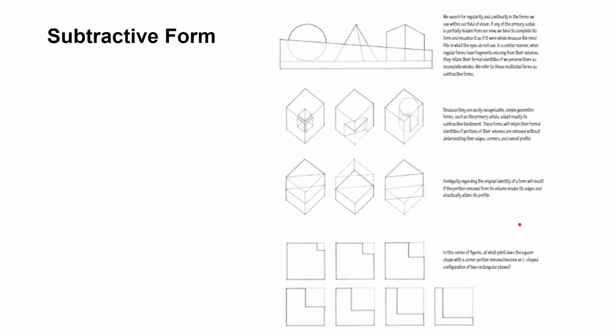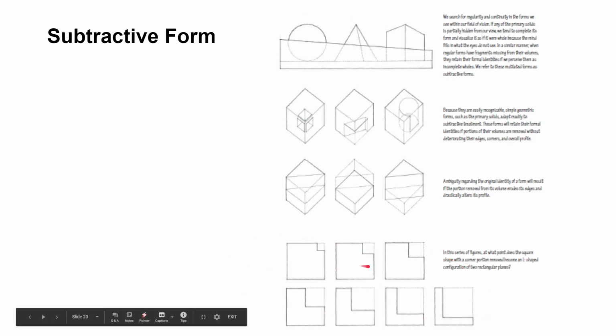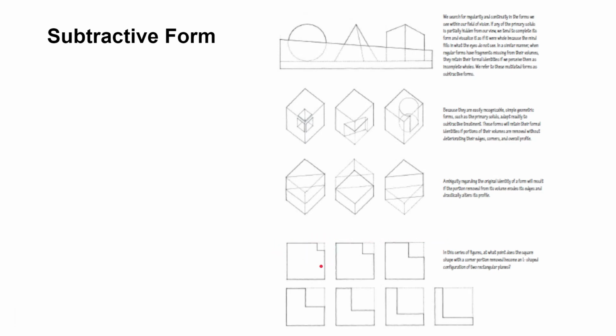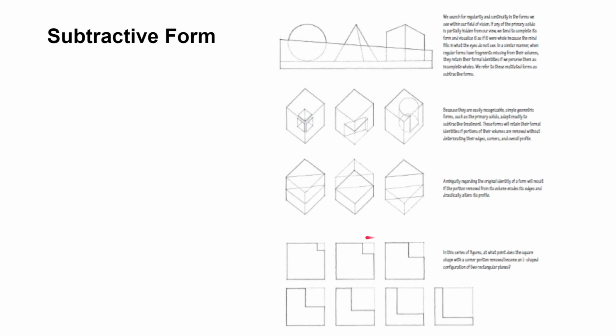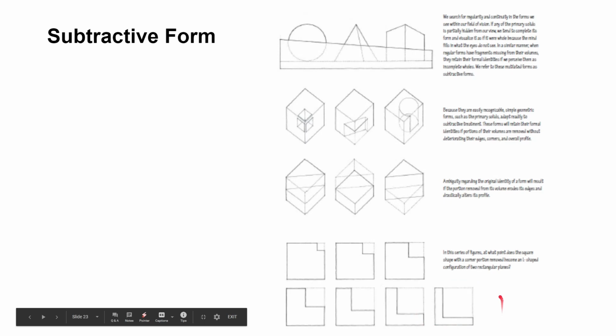Other examples, as you can see, are a series of figures with varying subtraction of space. You start off with a corner, and then you increase the size of which the form will be subtracted, and then you end up with a maximized scale from which the form or shape will be subtracted.